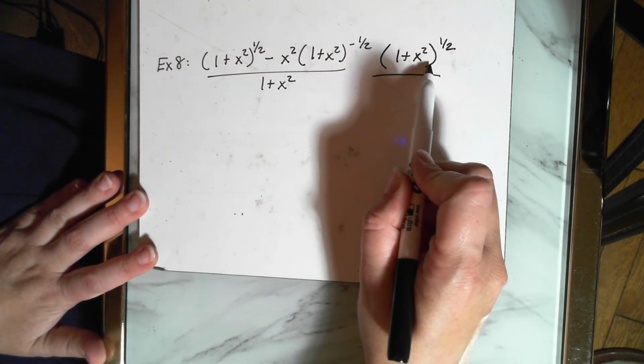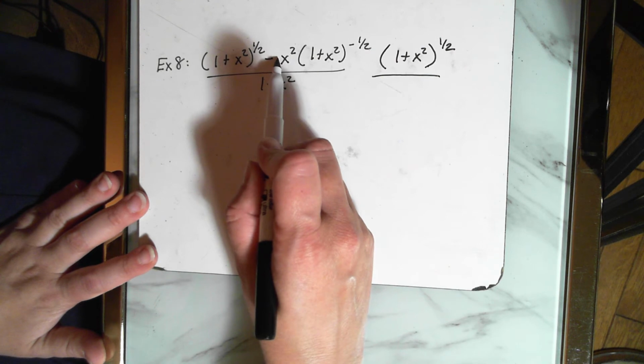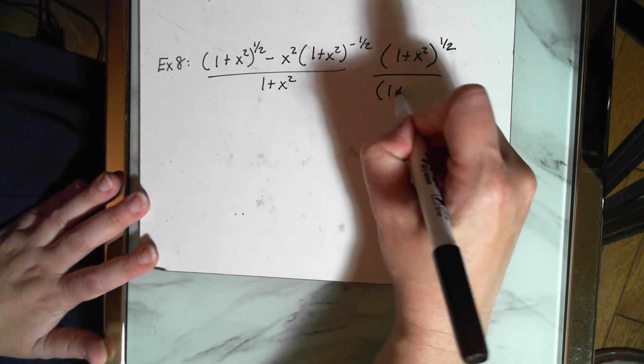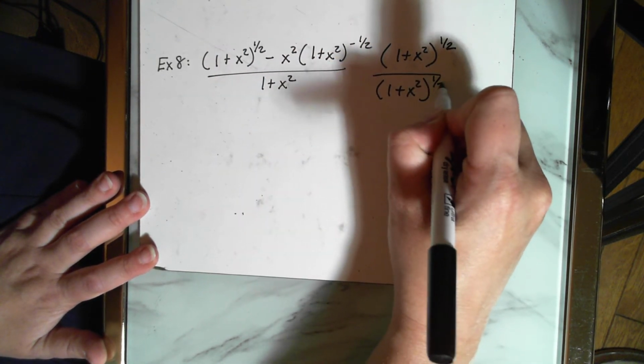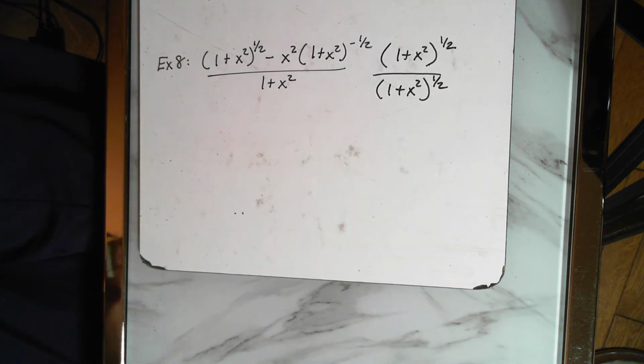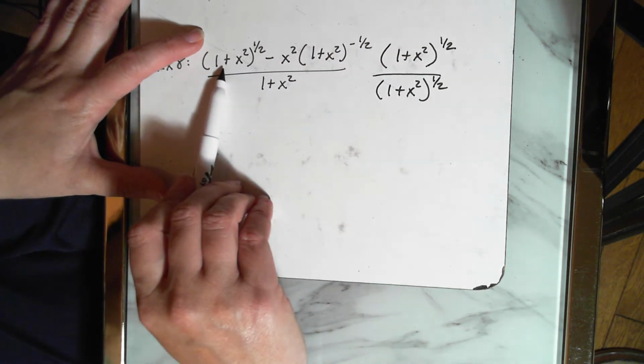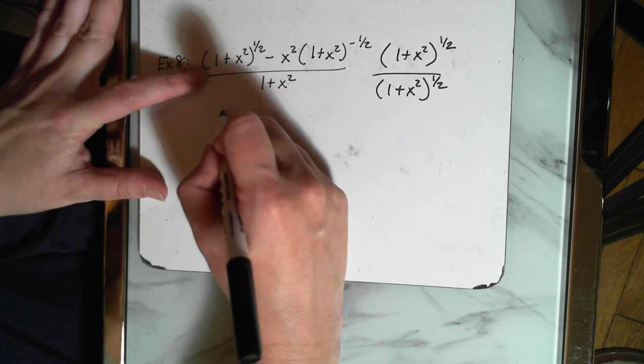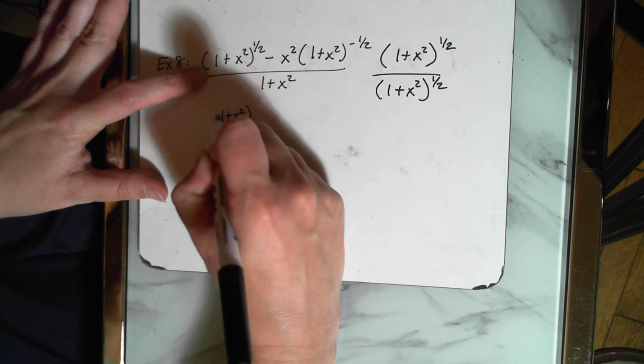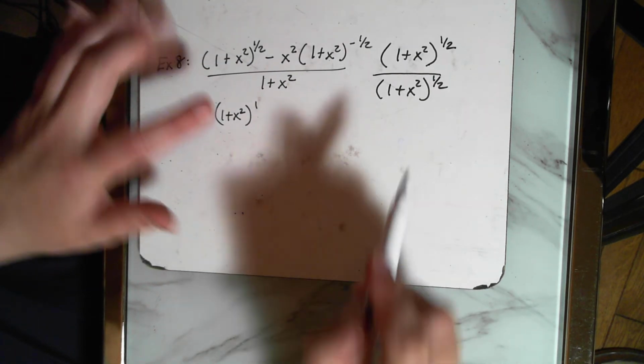Now remember, I'm not allowed to just multiply by this in the numerator. I have to do that over itself. Okay, so this is a nice trick when you have these really scary expressions like this. So I'm just going to multiply it through. This times this is just 1 plus x squared to the first power.